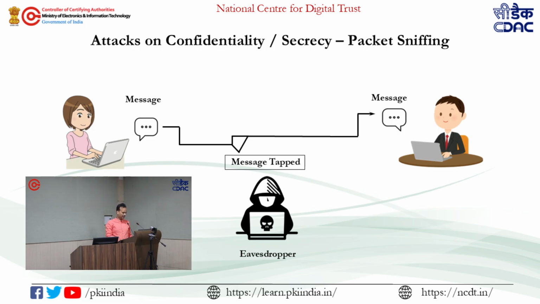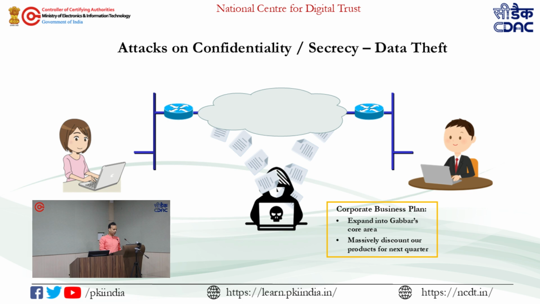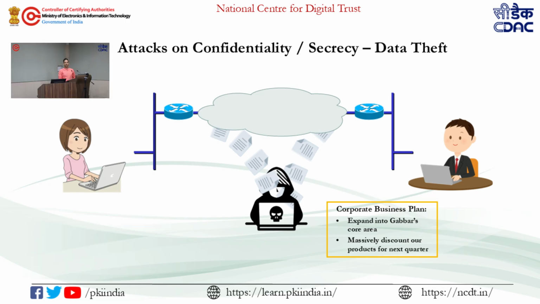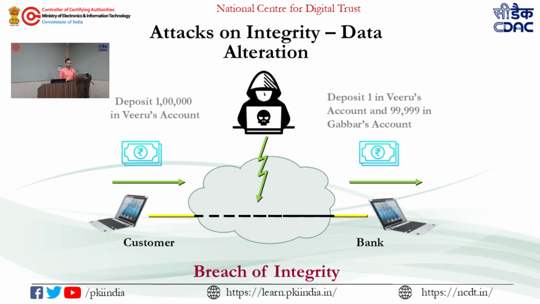Now another attack is similar, on confidentiality, where I can see any important information like tender information, someone's business plan. So that is also there. Now the next attack is an attack on integrity, where I try to alter the content. Some information is going, for example, transaction information, that deposit 1 lakh rupees in someone's account.